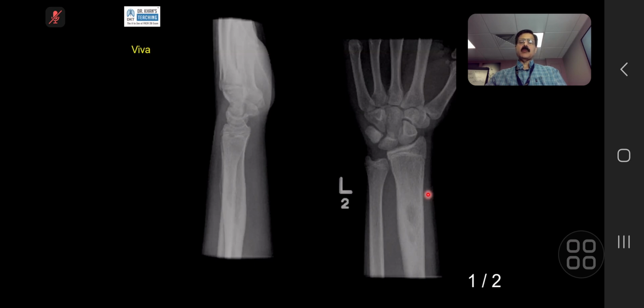Please remember that when you see a wide zone of transition, you do not use the word malignancy. Use the word aggressive lesion. And between the lines, what are you telling the examiner? Aggressive lesion can be infection. Aggressive lesion can be a tumor.